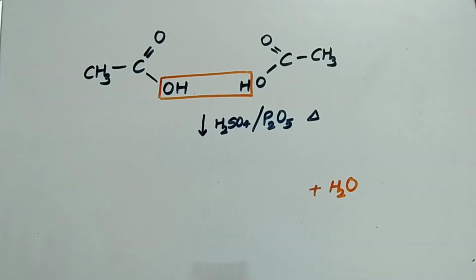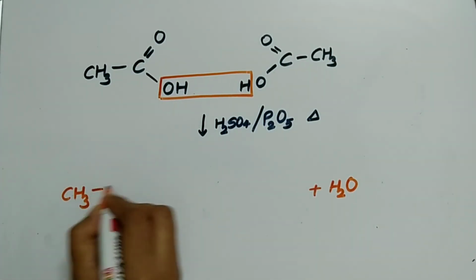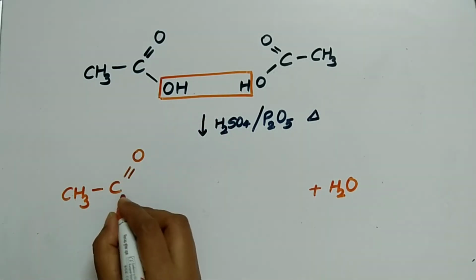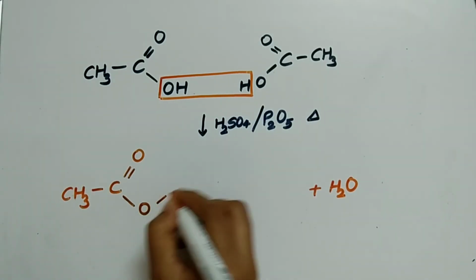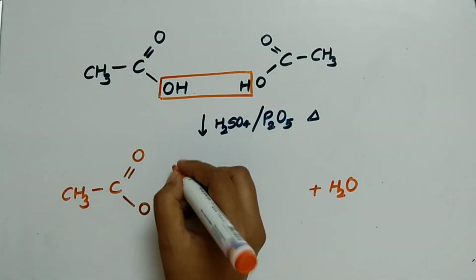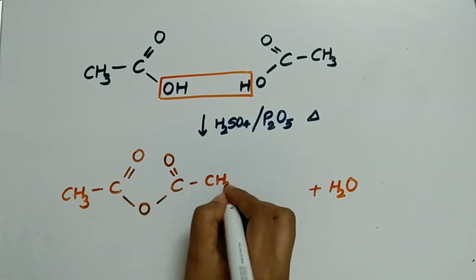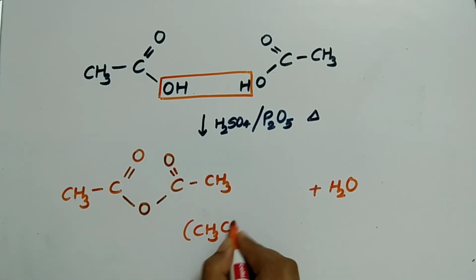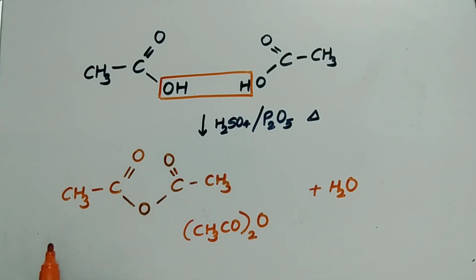Now what is left over here? We write CH3, carbon with the double bond O, and on this side it is attached to this oxygen, which is further attached to one carbon having a double bond O and CH3. I can also write it as (CH3CO)2O.